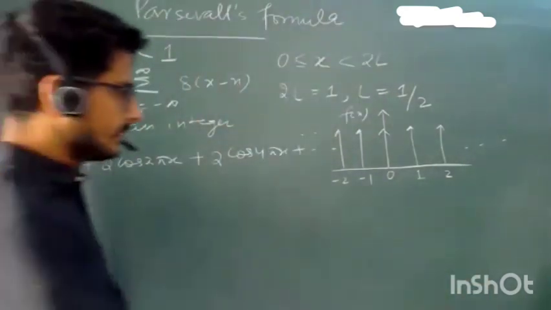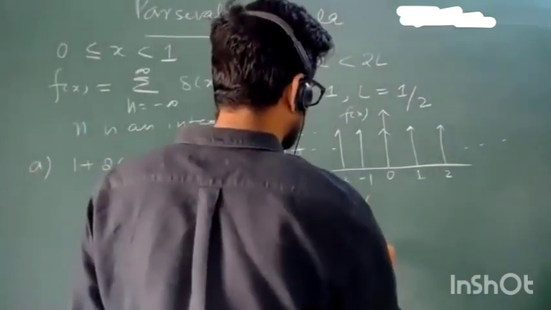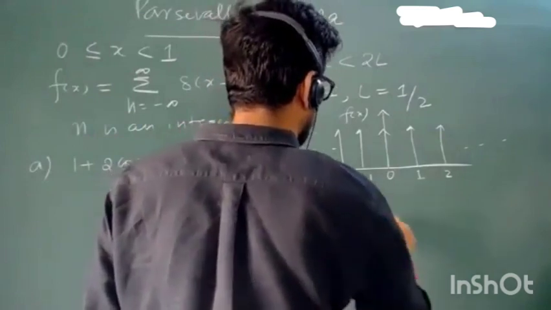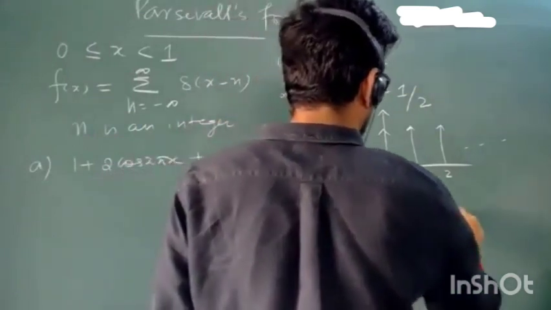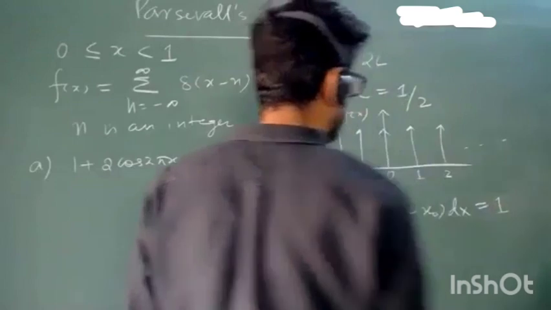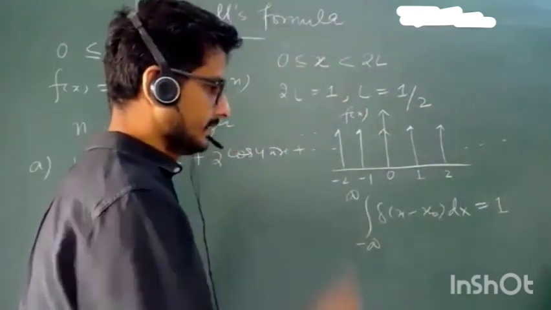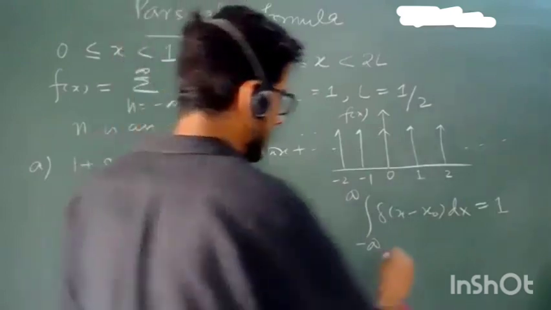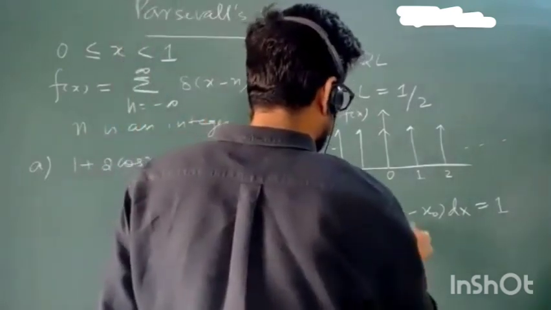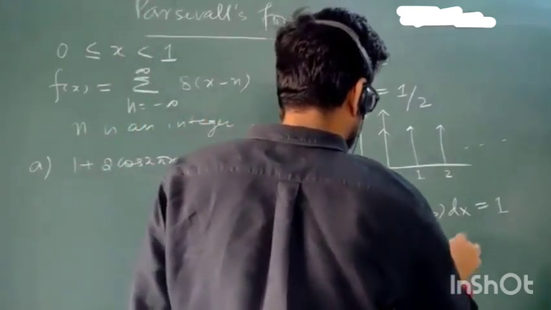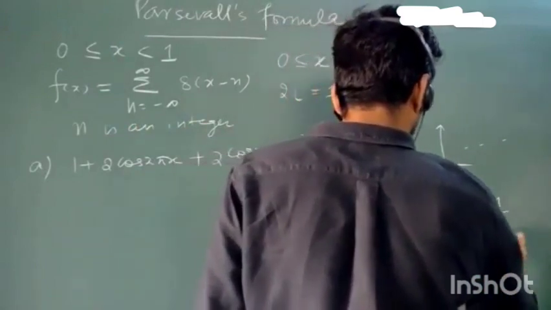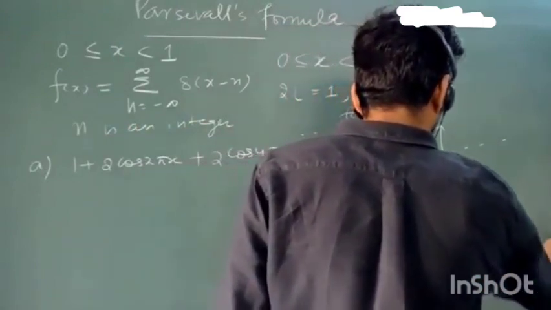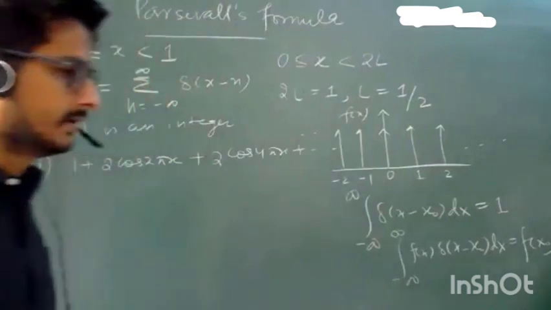So the properties are like this: integral from minus infinity to plus infinity of delta x minus x naught dx is 1. The area under the delta function is always 1. And also if I take the integral from minus infinity to plus infinity of f(x) delta x minus x naught dx, that is equal to f(x naught). These two properties are very important. This you should know.